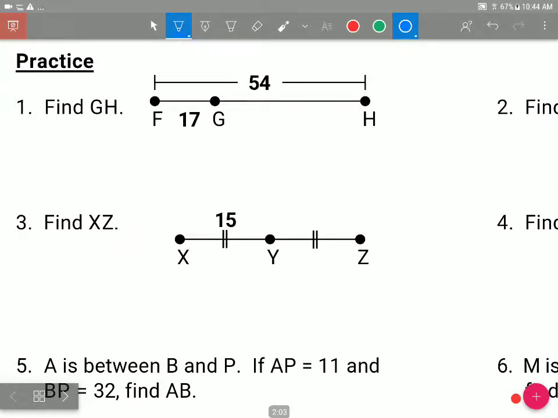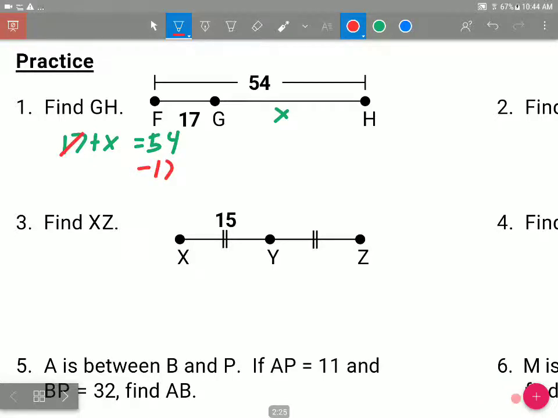So, find GH. Okay, let's just call this X real quick. What can I do to these two that would equal 54? Add them together. So I got 17 plus X equals 54. Subtract 17.